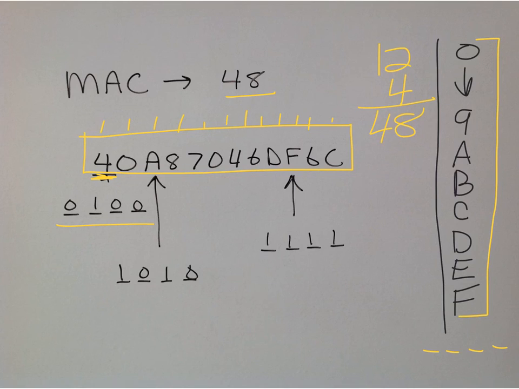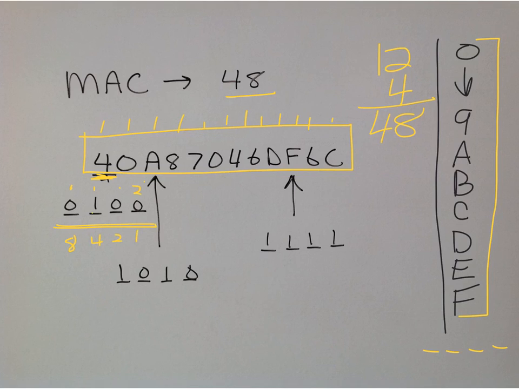So an easy way when you're working with a MAC address to convert it to decimal, or excuse me, binary, is the easiest thing to do first. So that's a 4, so you just use 4 bits to represent that 4. So 2 to the 0, 2 to the first, 2 to the second, 2 to the third. So that's 8, 4, 2, 1.